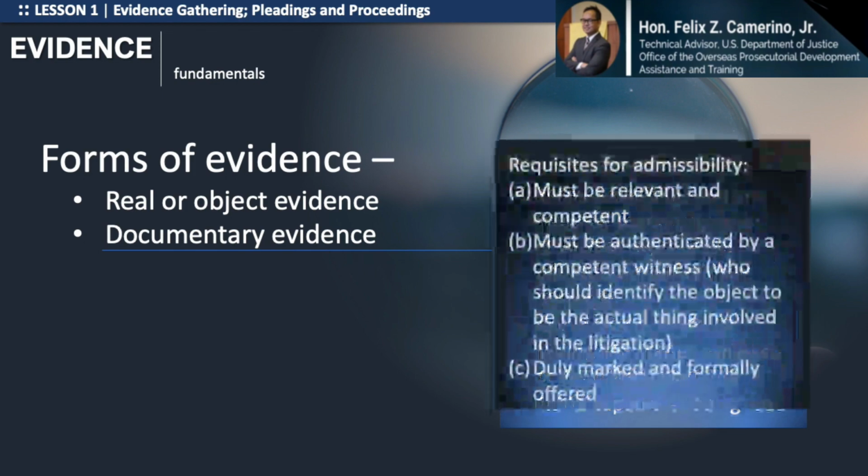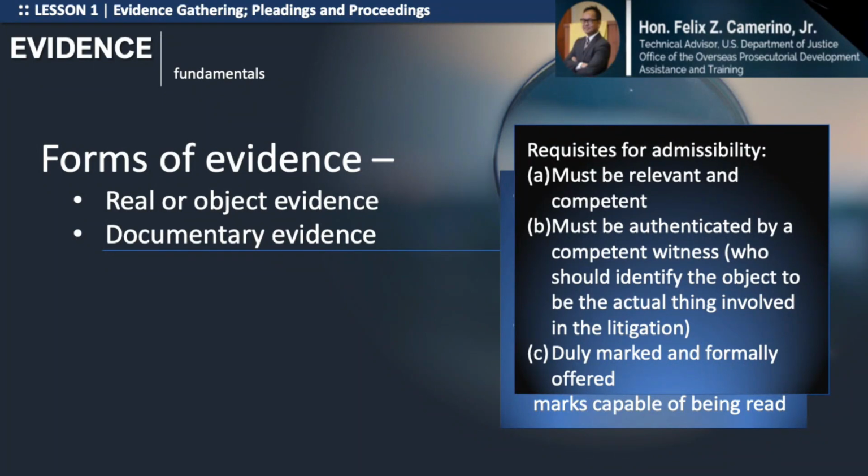let me go to the requisites here, because the requisites for documentary evidence are identical to that of the object evidence. What's critical to note here is the marking, right? The necessity to mark, the requisite to mark that evidence. So if it's a physical thing that you can touch, right? Even if it's a document, right?